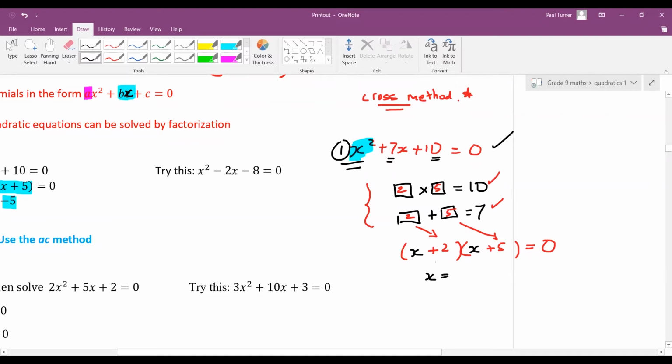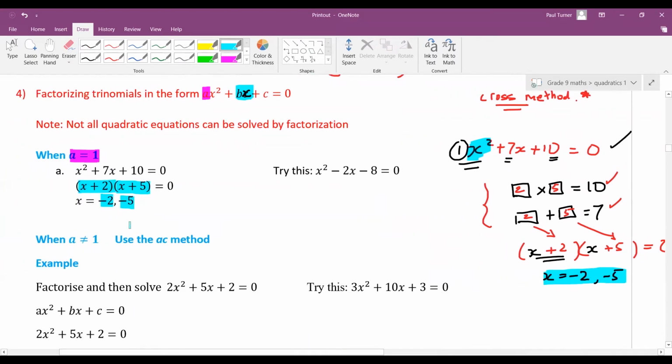So that means from the first factor, x must be minus 2. Minus 2 plus 2 is 0, okay? And then this answer will be minus 5 because minus 5 plus 5 is 0 as well. So that's your answer there for this one, which you don't need to copy because it's over here already, okay?